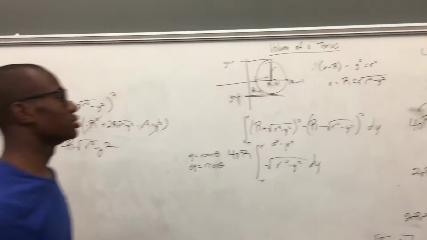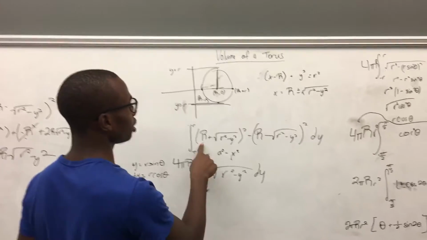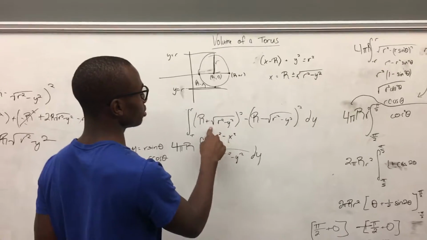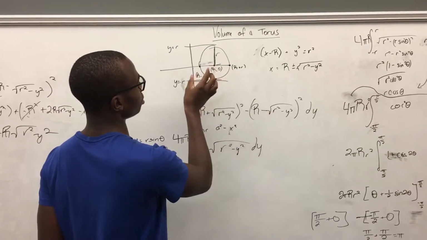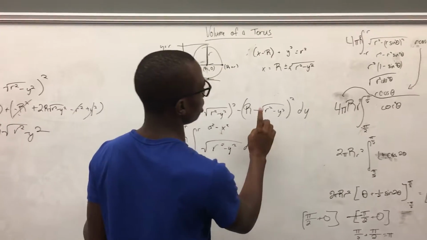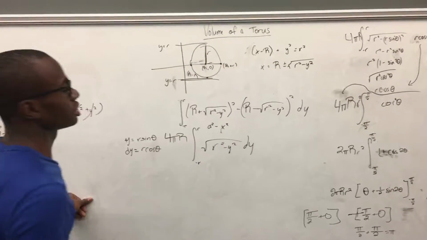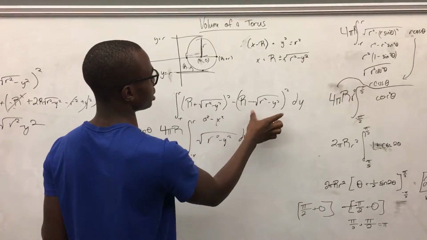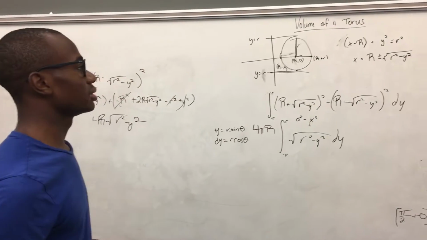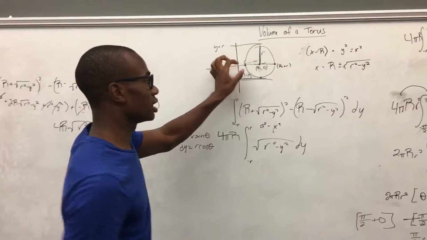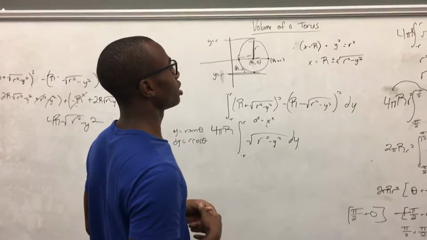So you would take the integral of (R plus the square root of r squared minus y squared) and subtract from it (R minus the square root of r squared minus y squared), and you square both of those because they're both volumes, and then dy. And so that would get rid of your inside piece, and that would basically create your torus.